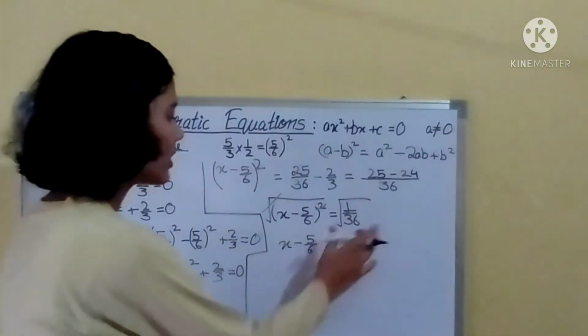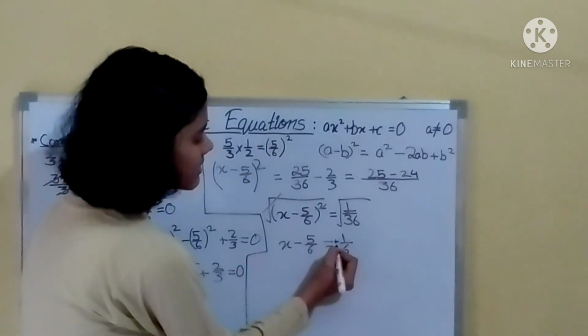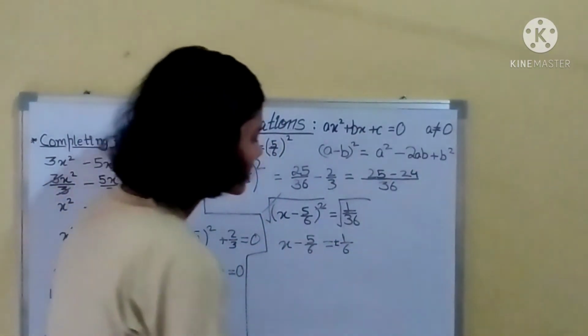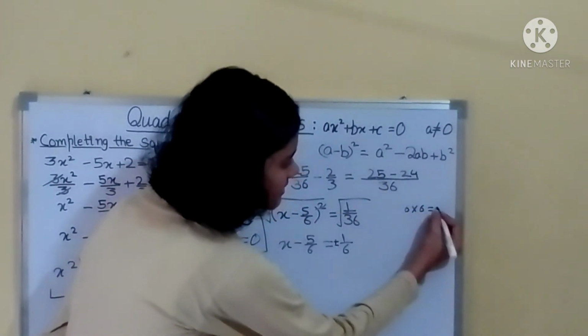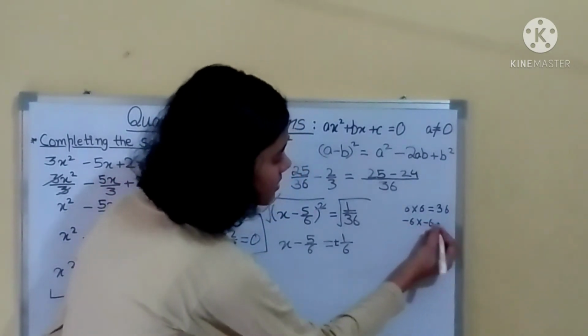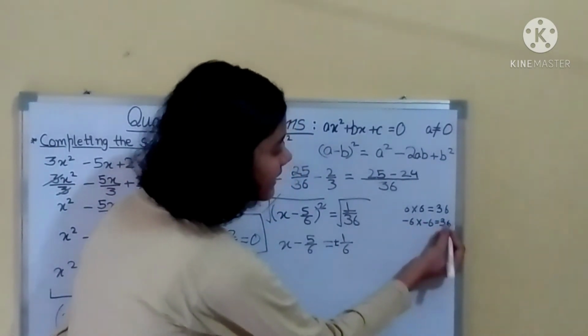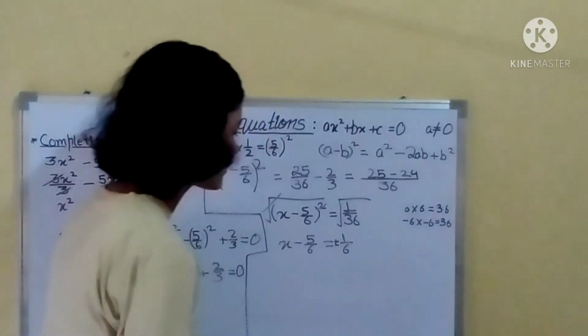Right? We have got this. Now it will be plus minus. Why plus minus? Because 6 into 6 is 36 and minus 6 into minus 6 is also 36. So any can be there, so we will do plus minus.